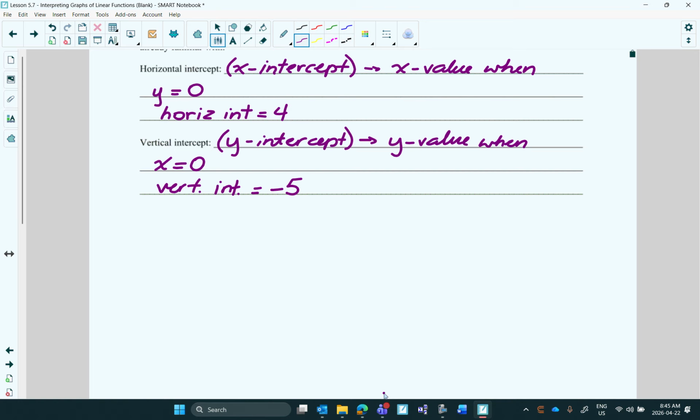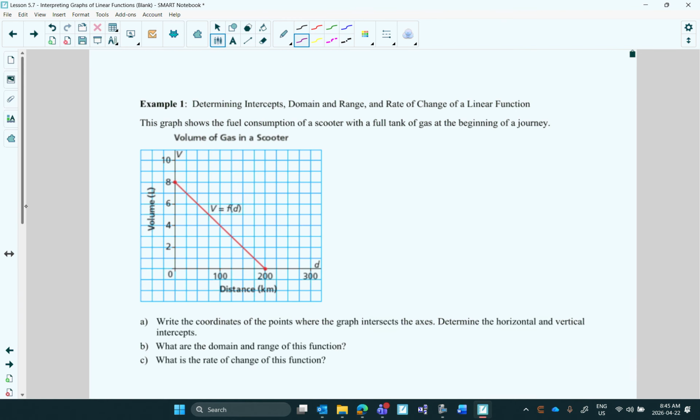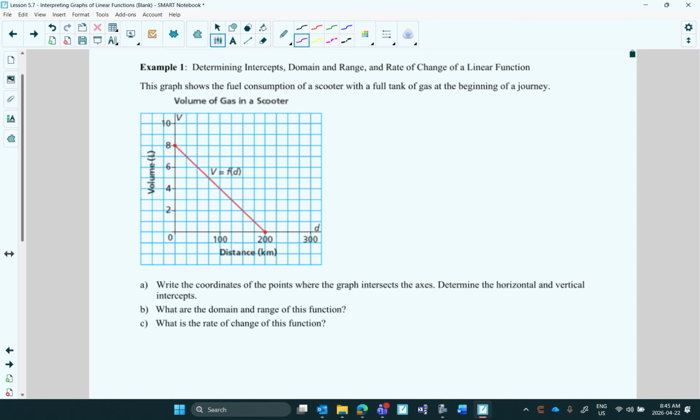All right, let's do some examples. So we've got a graph that represents the volume of gas in a scooter.